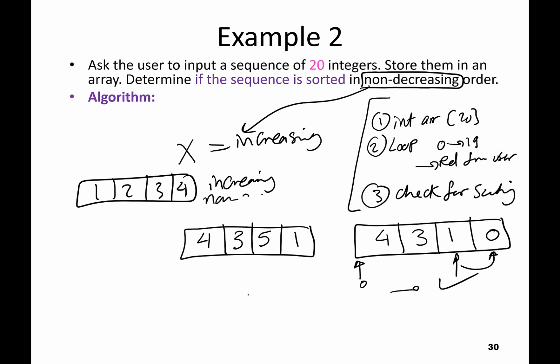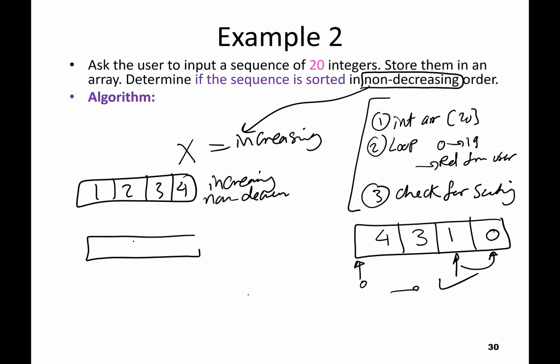Because every element is larger than the one before it. But what about this one: 1, 1, 3, 4? This one is non-decreasing, because you never decrease.